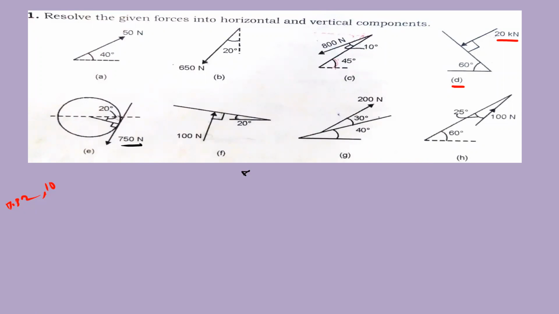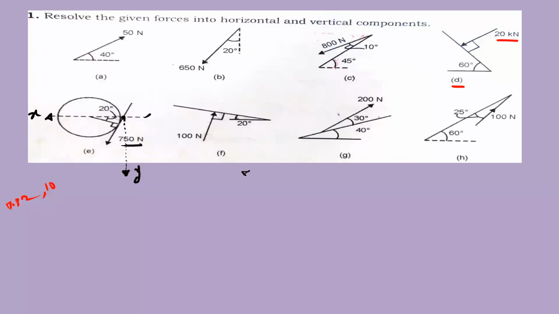Here you can observe this is the intersection of the line of action of the force with this horizontal line. I will assume this as the origin. Now from the origin, just draw one vertical line. This line represents the y-axis, and draw the horizontal line, so this is the x-axis.